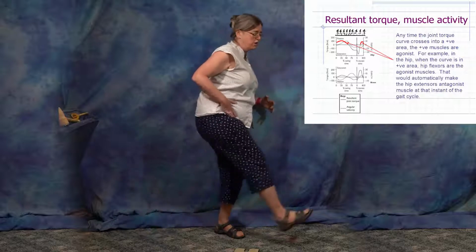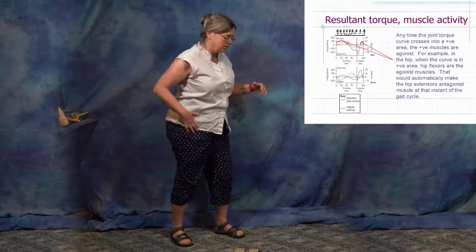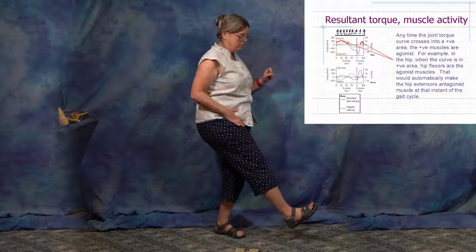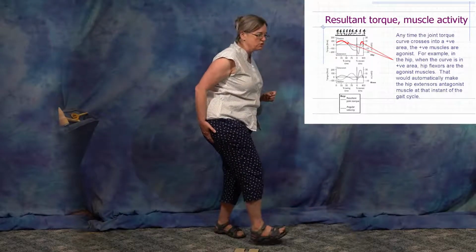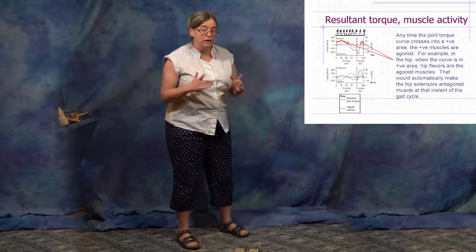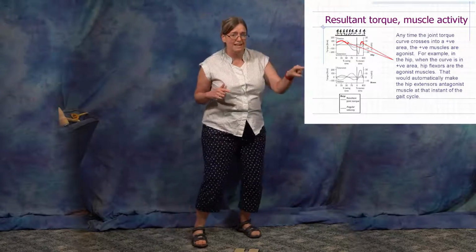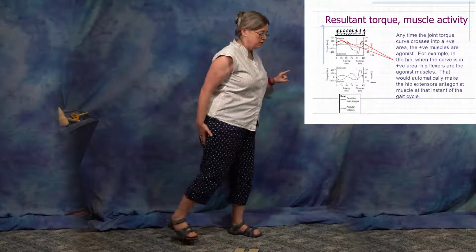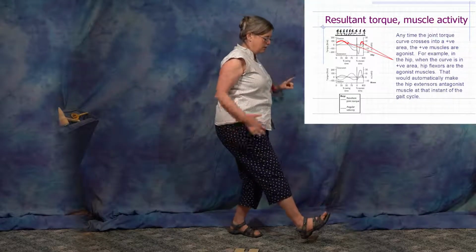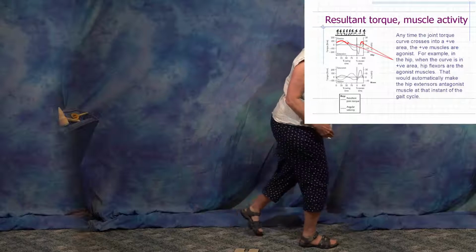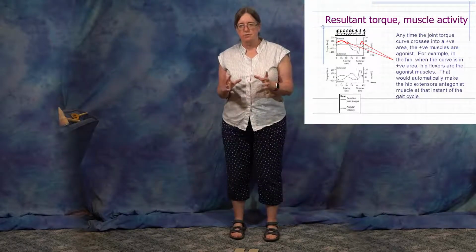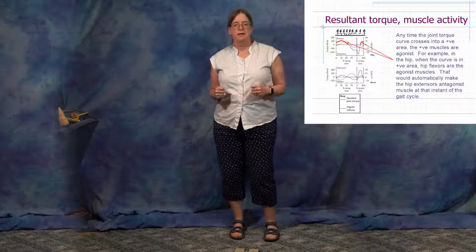They're going to turn on and be the agonist muscle, and they're going to actively bring your leg through. And then you're going to turn on your extensors for the last part of swing, and you can see the solid line going into the negative. I'm going to turn on my glutes to slow things down so that my foot is ready to hit the ground. So that makes sense.